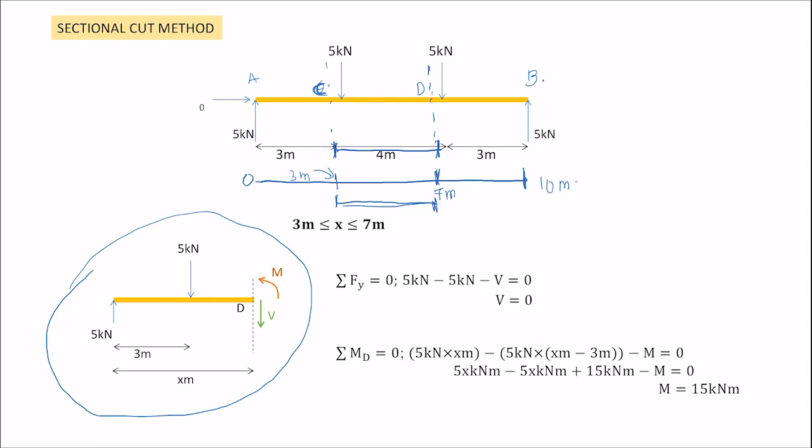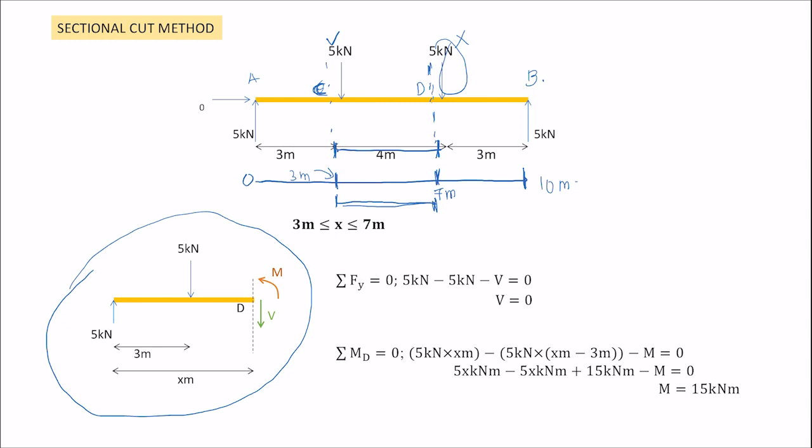That is its limit. Same as before, you just draw the free body diagram according to the sectional cut. So I just put the 5 kilonewton. This 5 kilonewton still exists, and we cut before the other 5, meaning that one is not included in our calculation.